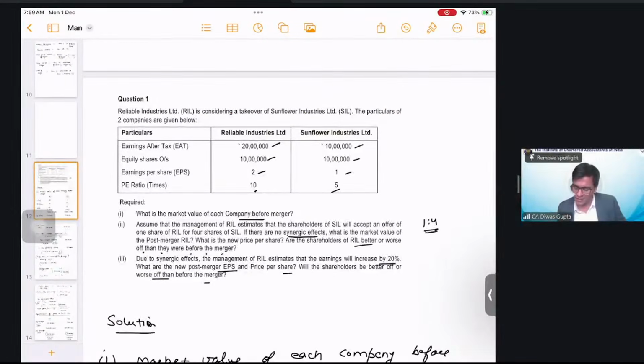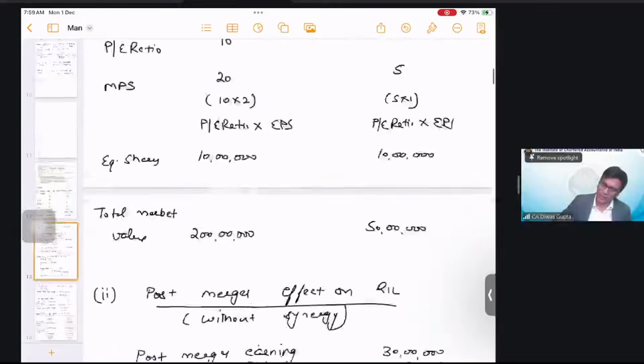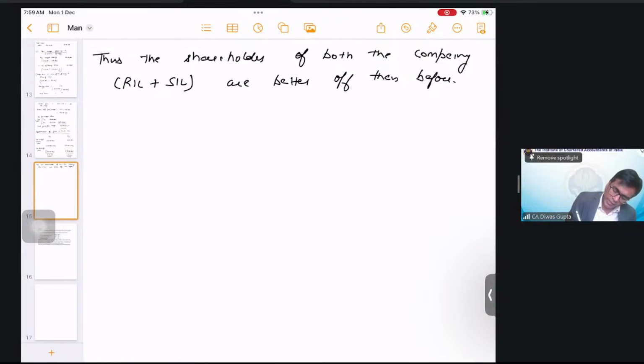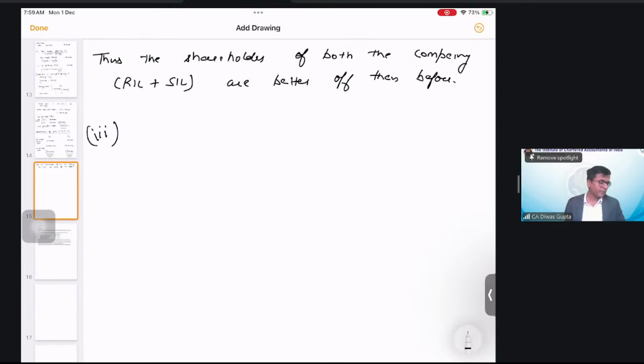They are saying, let's say there is a synergy benefit which will increase the earnings by 20%, and then they are asking you to calculate what is the new post merger EPS according to this new information that is given to you. So let's do step third, or let's say part third.